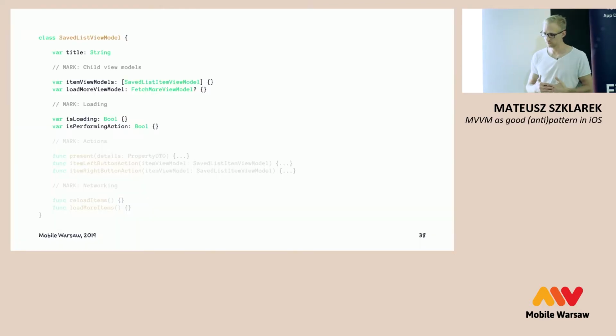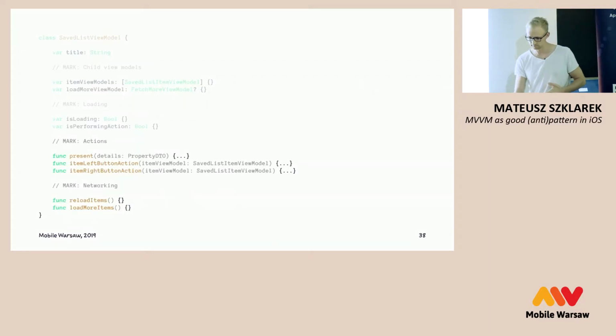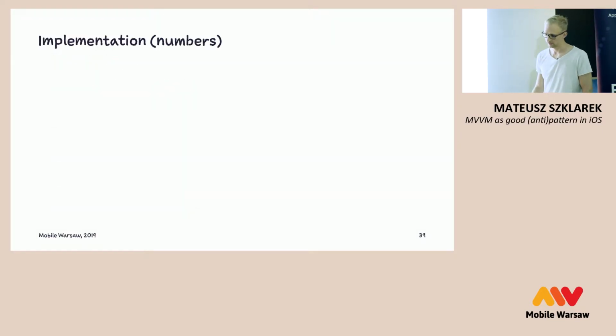Let's get back to my view model, which I showed you previously, and let's analyze all components. Apart from those properties, we have those functions, which I will show you how we can solve later on the next slide.